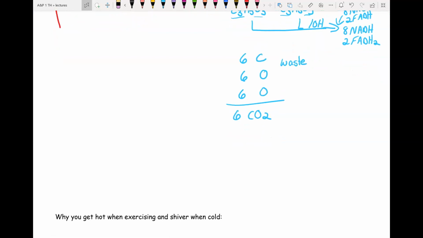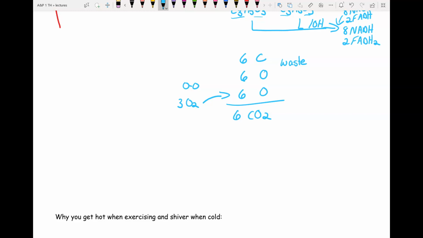So you take 3 oxygen molecules to give you those 6 more oxygen atoms. So this is O2. That means it's an oxygen atom bonded to an oxygen atom. So for each O2, you have 2 oxygen atoms.